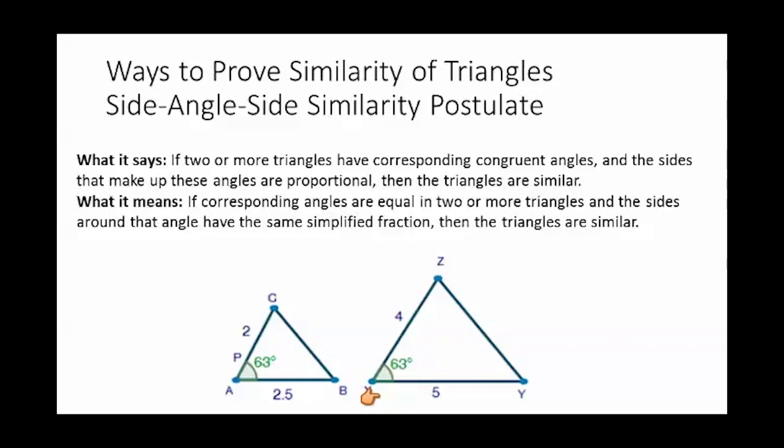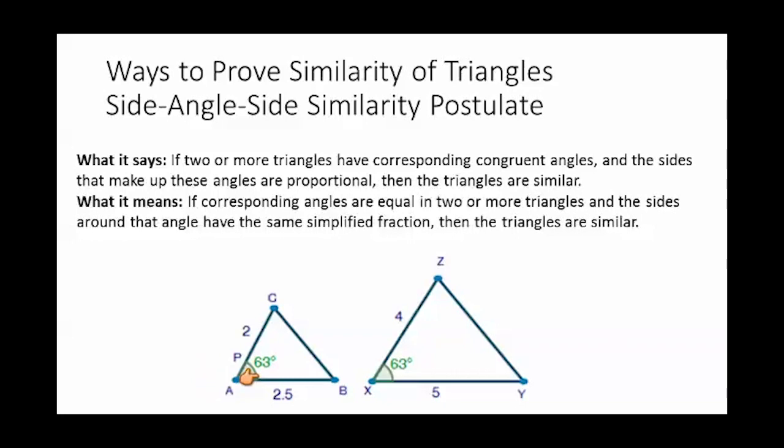Well, here I can look at angle A and angle X. They both are obviously 63 degrees, so we know we have corresponding congruent angles. So now we need to check the sides.